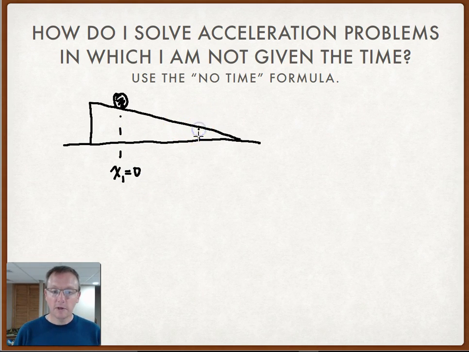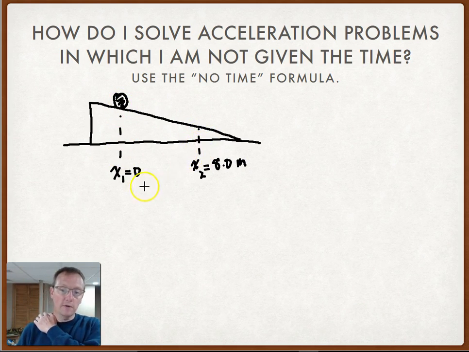Its final position at the end of my time observing it is, let's say, 8.0 meters away from that initial position. So this is my reference point, and this is my final position right there. So if I wanted to, I could go ahead and figure out what the displacement would be, right? So the displacement would be down the ramp.